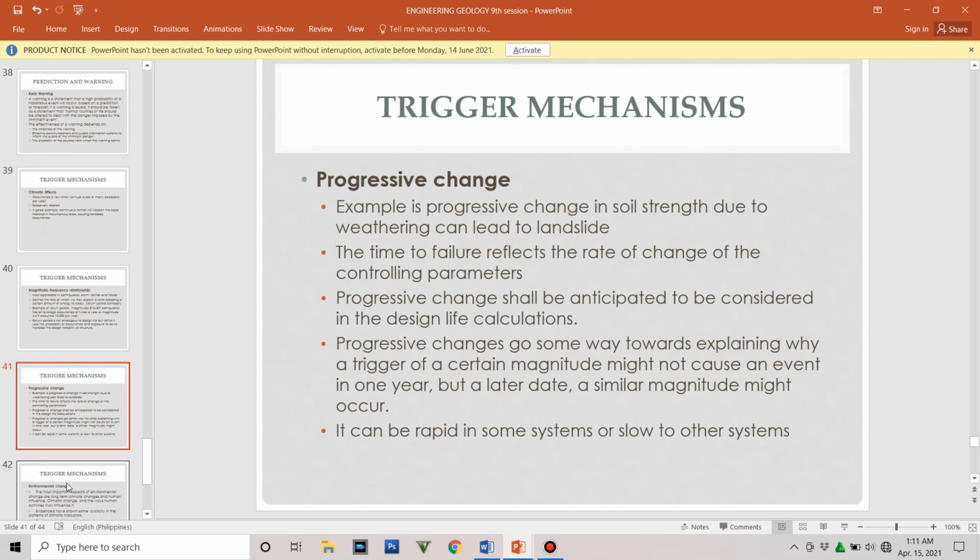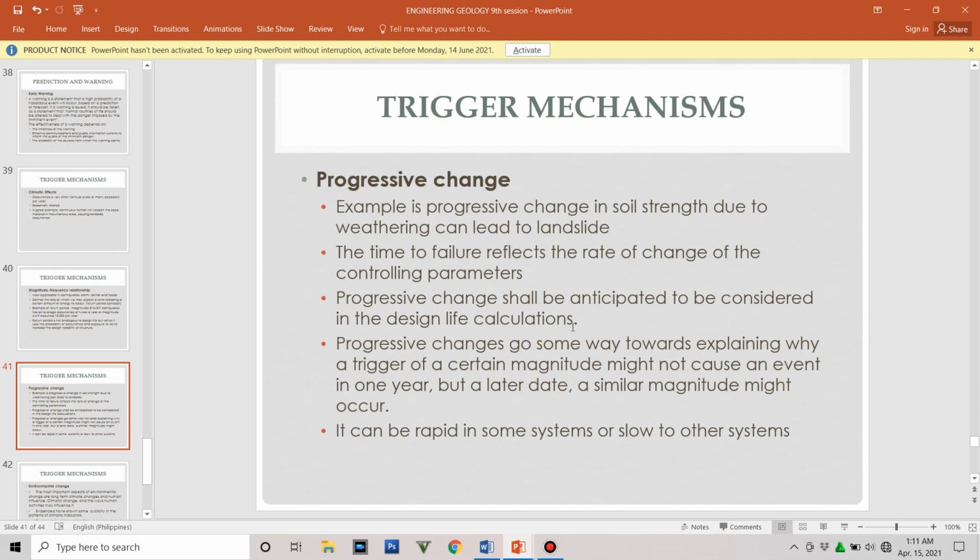So another trigger mechanism is progressive change. So example is progressive change in soil strength due to weathering can lead to landslide. Of course, weathering weakens the material. So the time of failure reflects the rate of change of the controlling parameters.